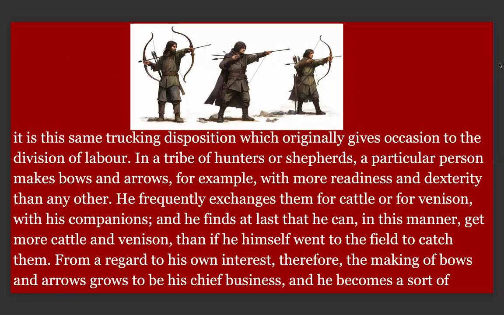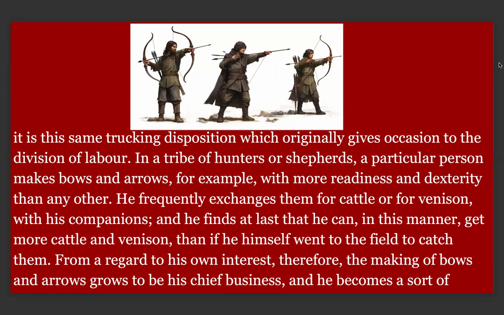Let's go rather quickly through this, but I want to give you a bit of the taste of what Adam Smith is saying. So he says, quote, "It is the same trucking disposition which originally gives occasion to the division of labor. In a tribe of hunters and shepherds, a particular person makes bows and arrows, for example, with more readiness and dexterity than any other.